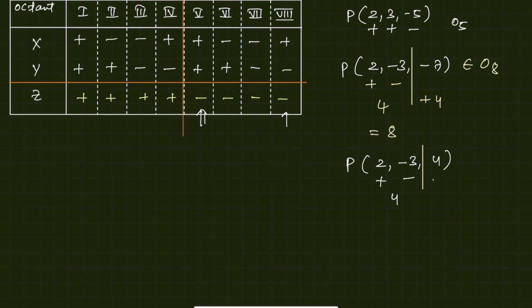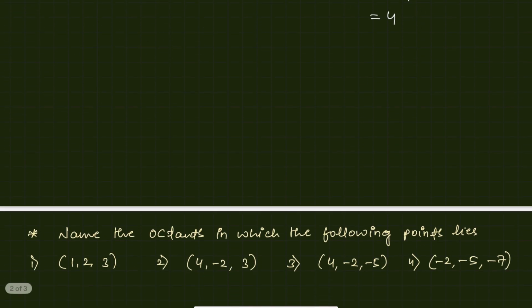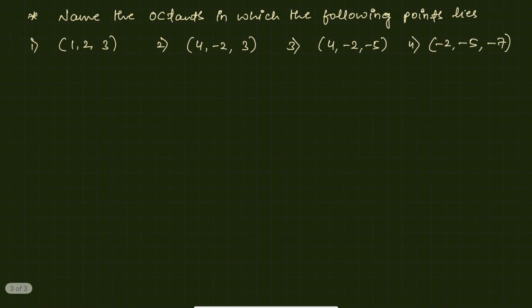And as z is positive, you add 0. So what is the shortcut? If z is positive, then add 0. If z is negative, then you add 4, and then you will get the required octant. So 4 plus 0 is 4. Understood?